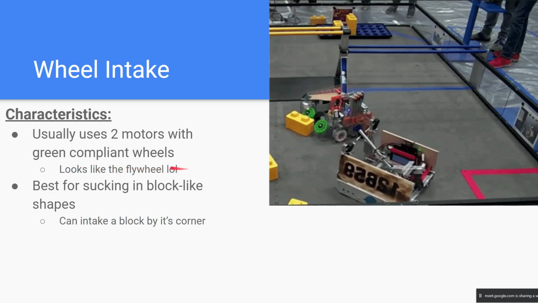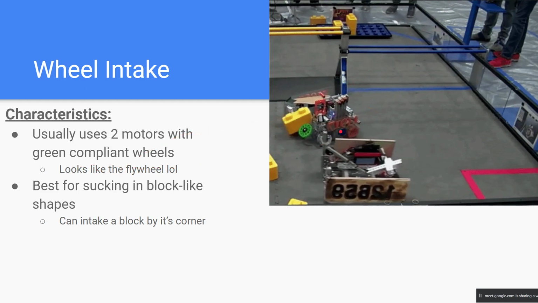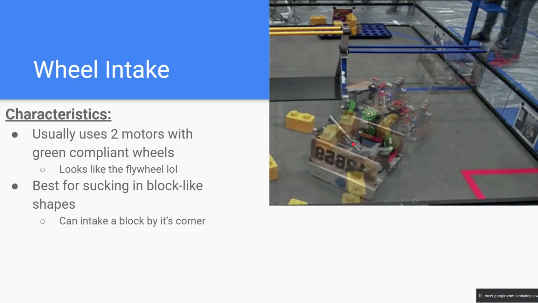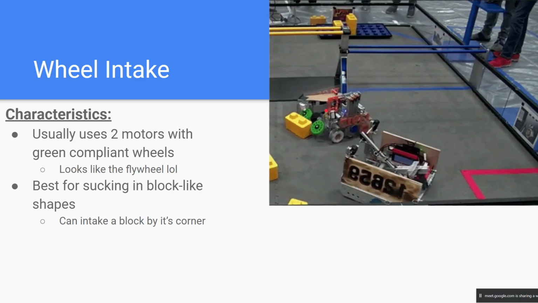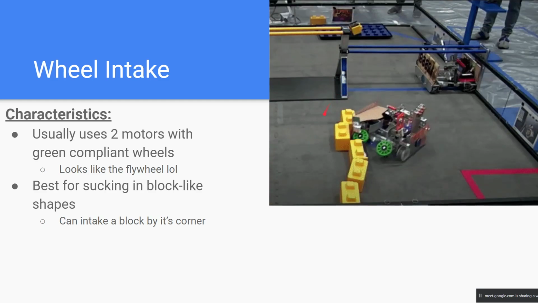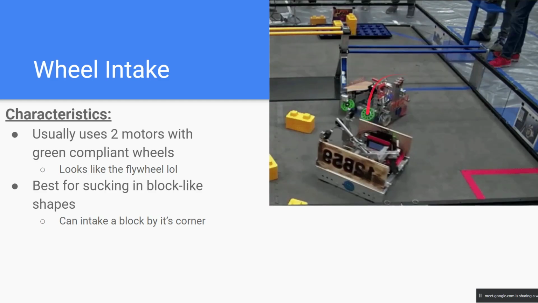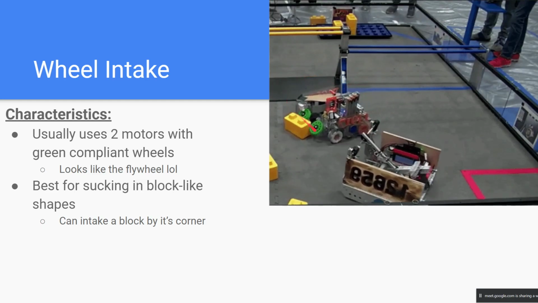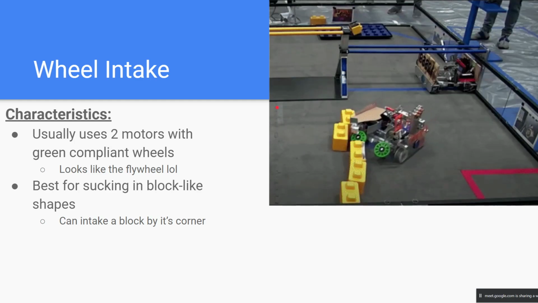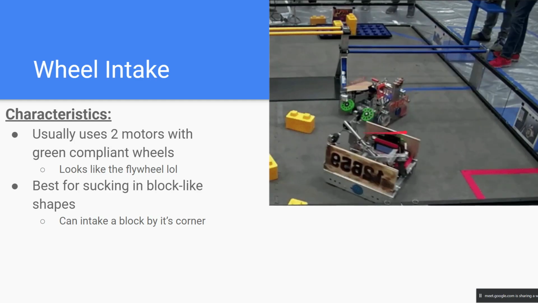It looks like the flywheel design. We'll get into flywheels later. It's kind of the same thing. The cool thing about this intake is you can actually grab the block by the corner. I keep circling it, but right here it grabs it by the corner almost horizontally, and then it reorients it so that it fits.